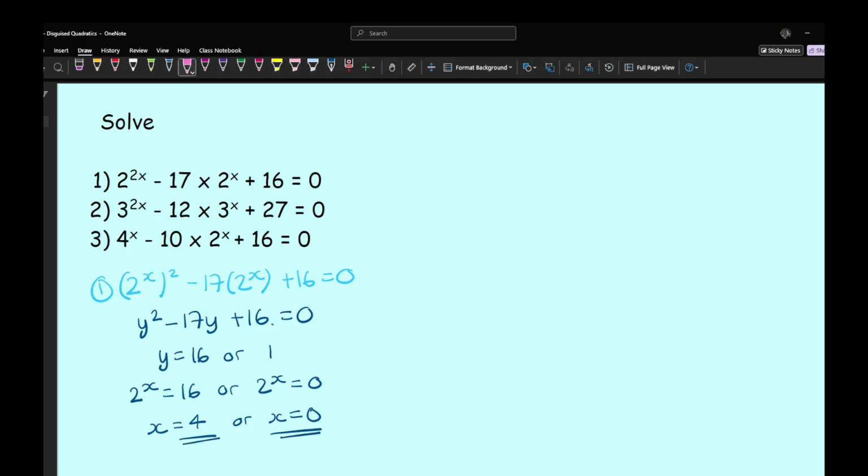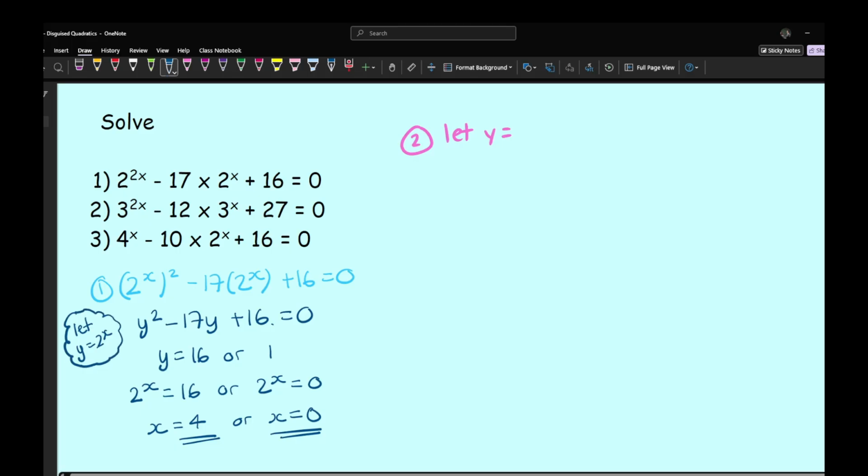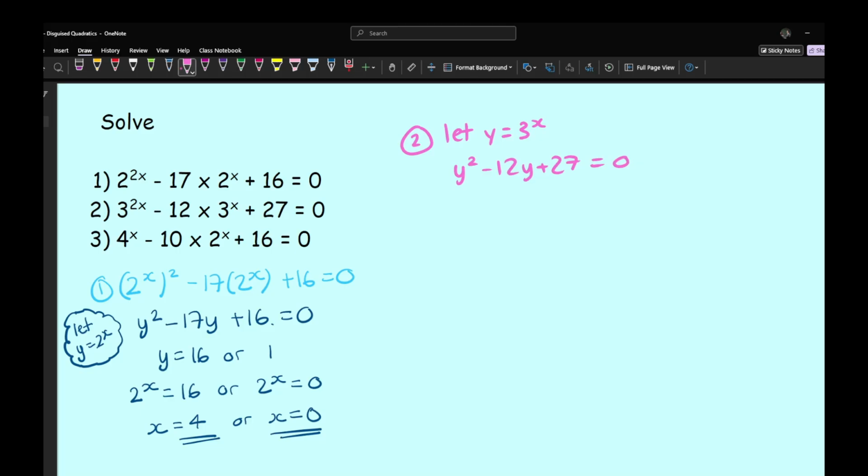Then for question 2, again, it's really important that you do state what your substitution is. So here we let y equal 3 to the x, and what we end up with is y squared minus 12y plus 27 equals 0.